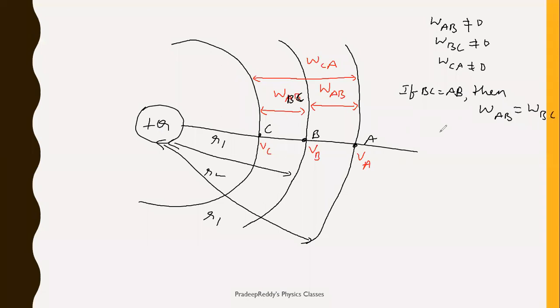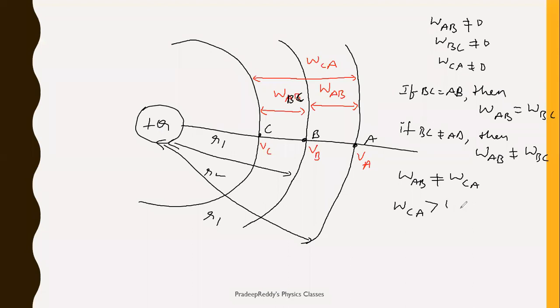Suppose BC is not equal to AB, then work done AB is not equal to work done BC. Similarly, work done AB is not equal to work done CA. And remember, work done CA is greater than work done BC, which is equal to work done AB. Here I am considering BC equal to AB.